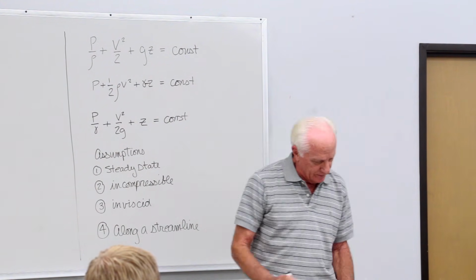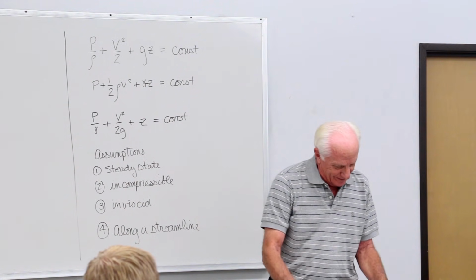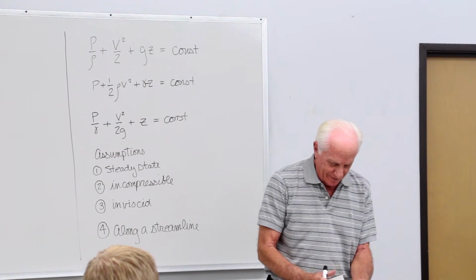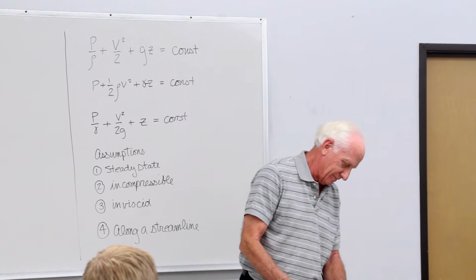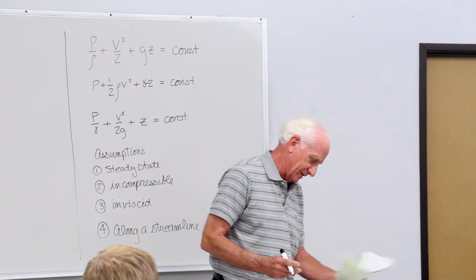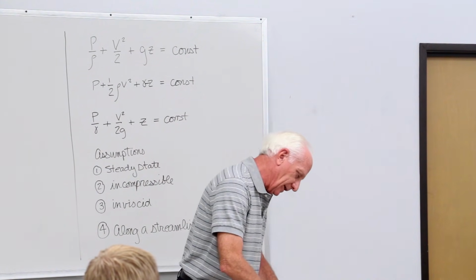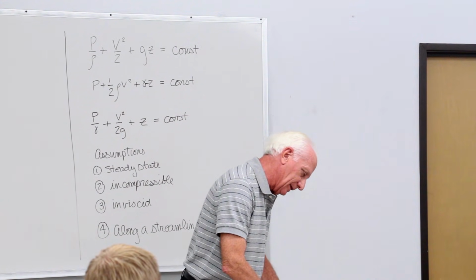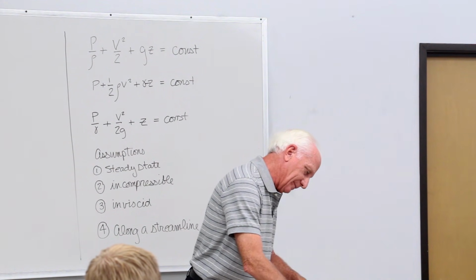Let's see where helium is. Oh, I know this. It is in the front. Let's double check that. Oh, it was in the front. Yeah, there it is. Okay, helium. We have in English gas constant helium. There it is.